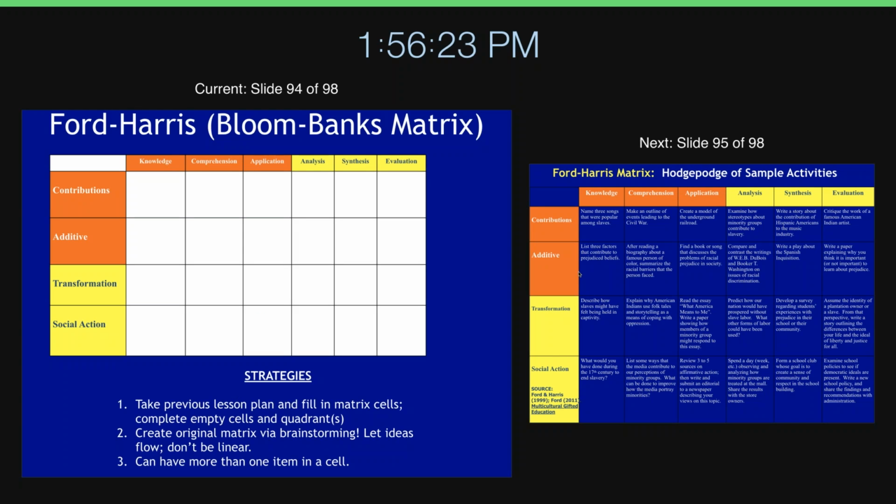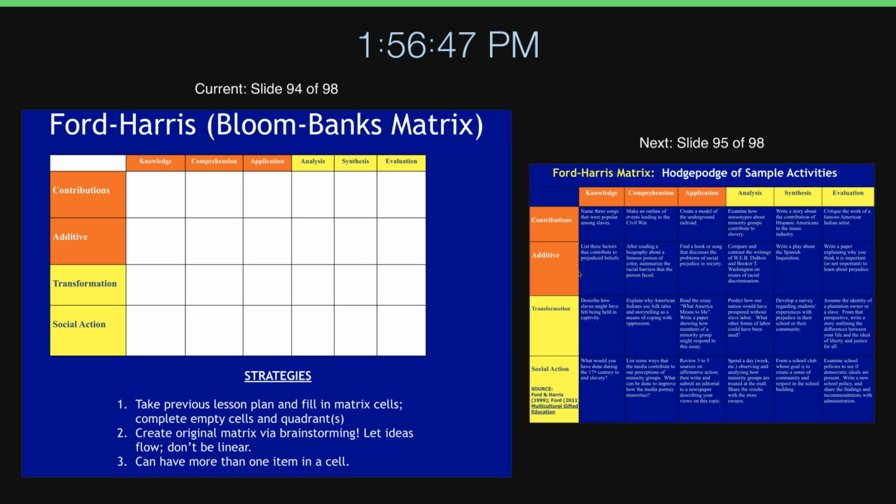I need to end by saying that the matrix, there's nothing else like this, if I must say so myself. The matrix is not something else to just do. It is a way to transform your curriculum, to use one of the levels.